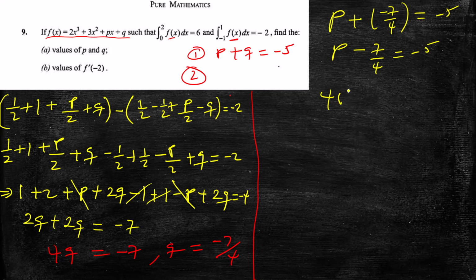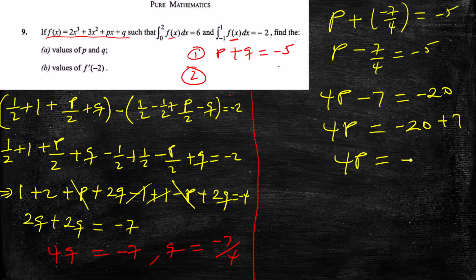We have 4p minus 7 equals -20, so 4p equals -20 plus 7, which is -13.